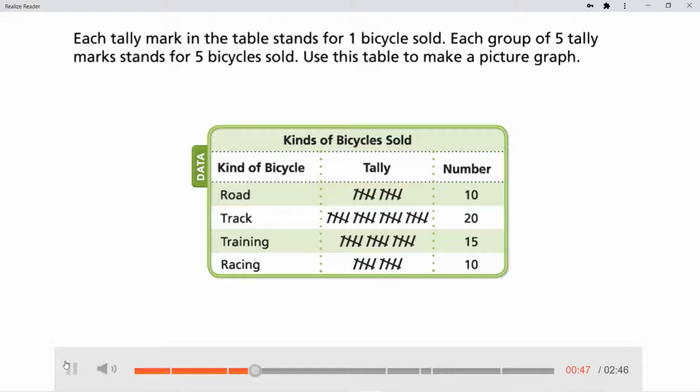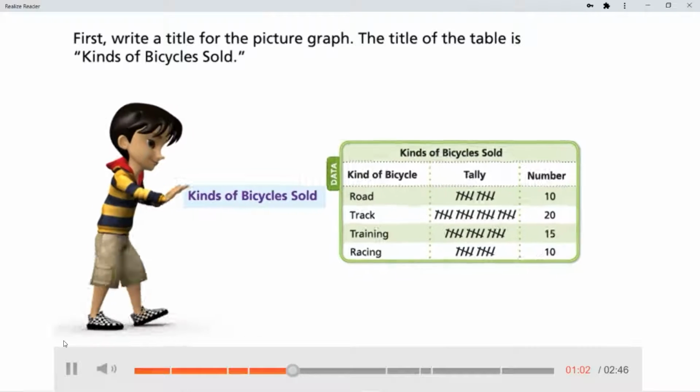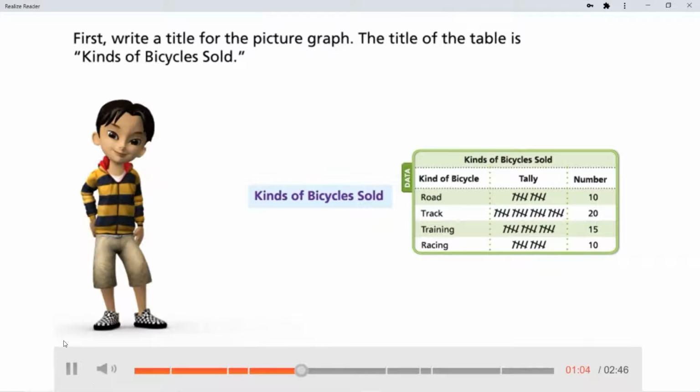Each tally mark in the table stands for 1 bicycle sold. Each group of 5 tally marks stands for 5 bicycles sold. Use this table to make a picture graph. First, write a title for the picture graph. The title of the table is Kinds of Bicycles Sold.